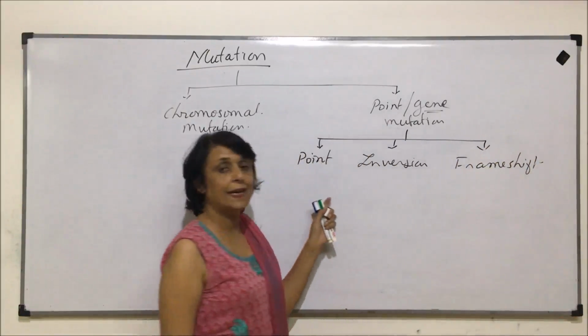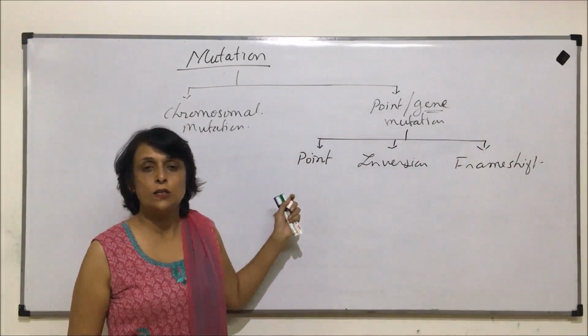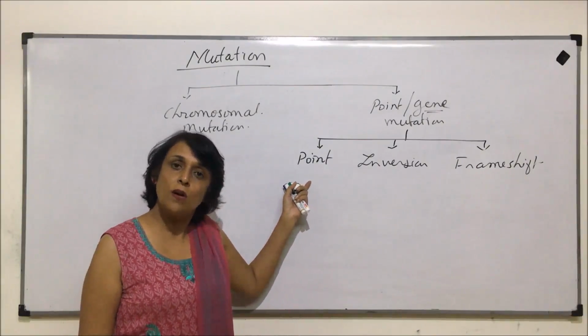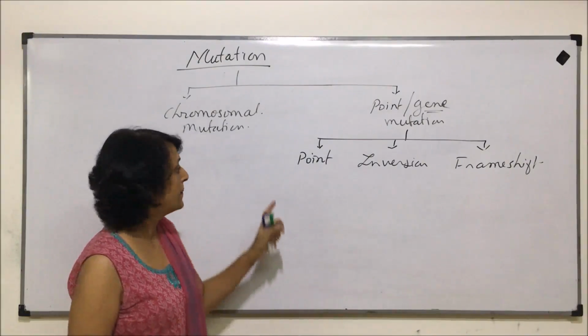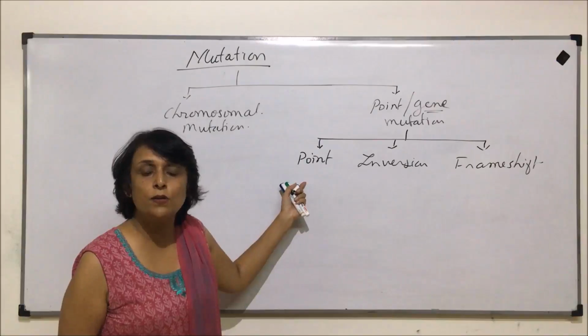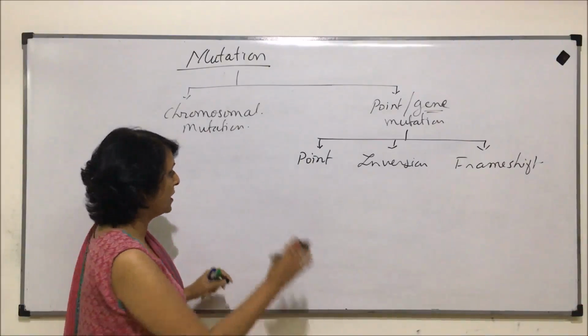Now to understand these, let us take a simple example. To understand point mutation, we can talk about sickle cell anemia. We have already discussed sickle cell anemia when we were talking about pleiotropic genes.